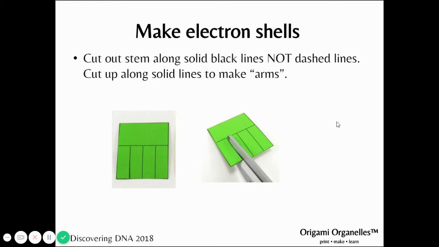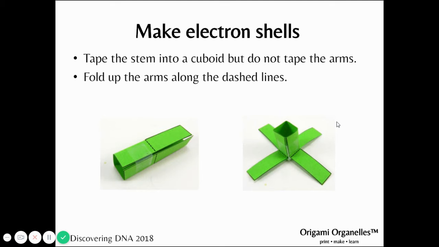Now you're going to make the little stem that sits in the middle of the shell. So you cut out that stem along the solid lines. Don't cut the dashed lines. And then cut up along the solid lines, and you're going to make little arms. All right, tape that together.